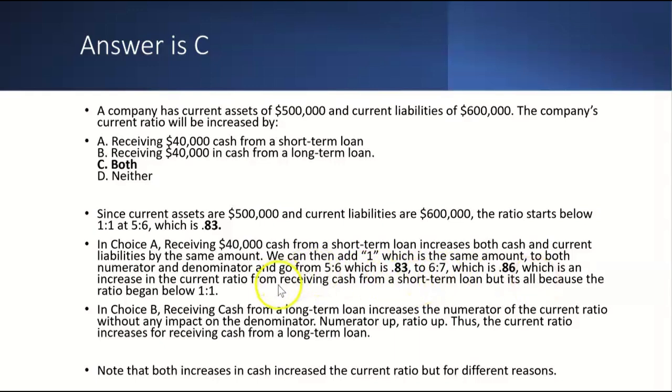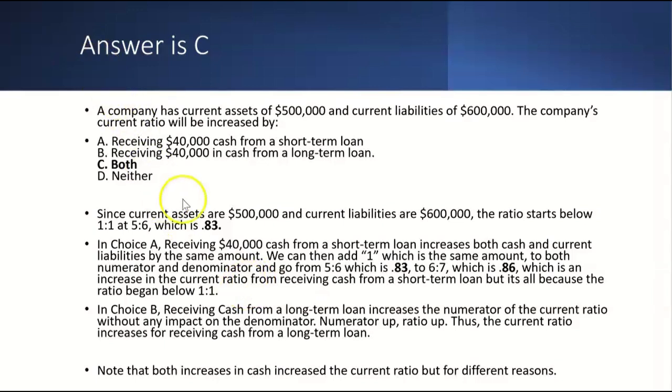And that's an increase in the current ratio from receiving cash from a short-term loan, but it's all because the ratio began below 1 to 1. We know that in letter A, they received $40,000 cash from a short-term loan, and that's going to increase the current ratio because it began below 1 to 1, but it's not going to increase the net working capital dollar amount.